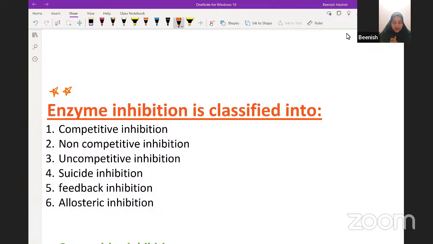So they are classified into different types of inhibitions. There are 6 main types of enzyme inhibition. First being the competitive inhibition, then non-competitive inhibition, uncompetitive inhibition, suicide inhibition, feedback inhibition, and the most important one, allosteric inhibition. I'm sure you're familiar with this term.